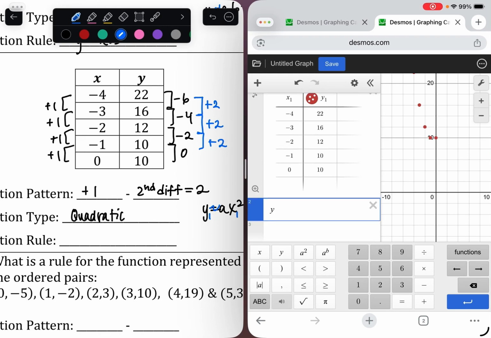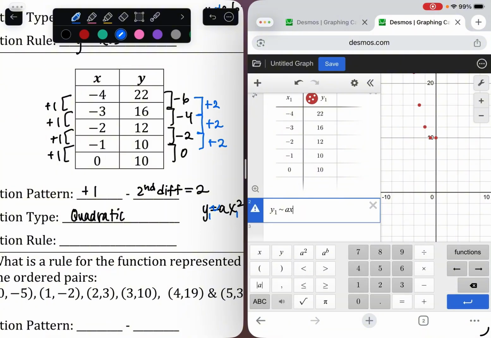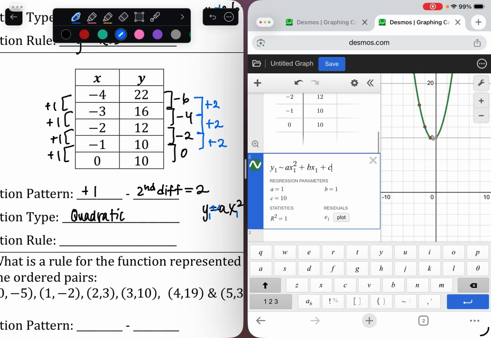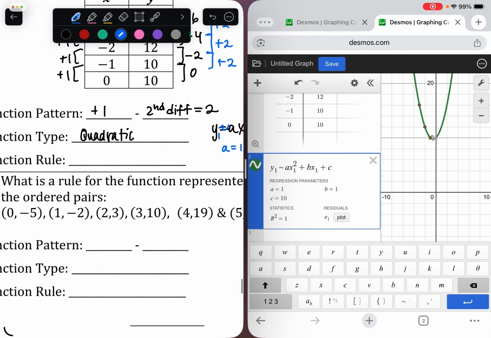Okay, new line, y1 tilde a x1 squared plus b x1 plus c. So here I see a is 1 and b is 1. And c is 10. And so my function rule, y equals x squared plus x, leaving the ones invisible, plus 10.